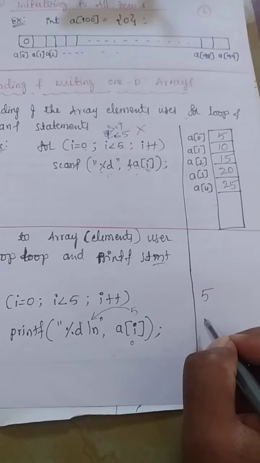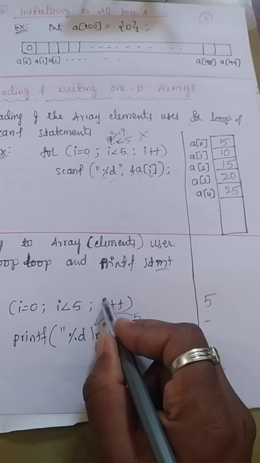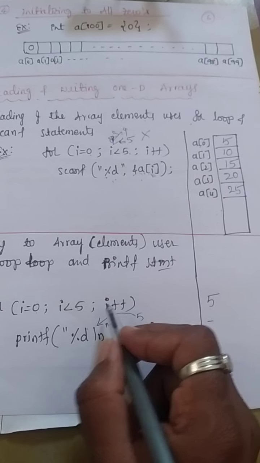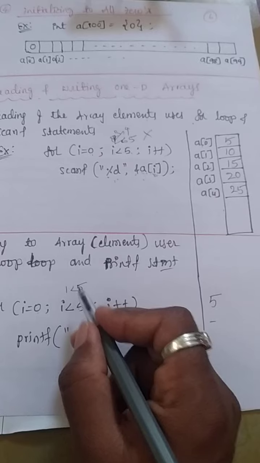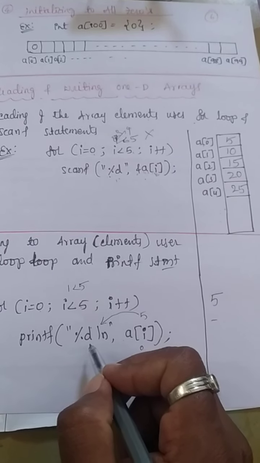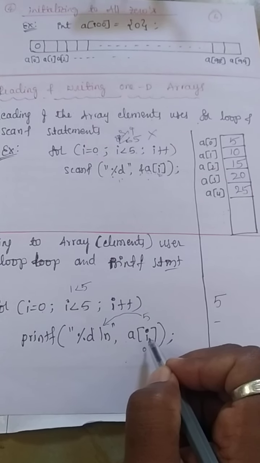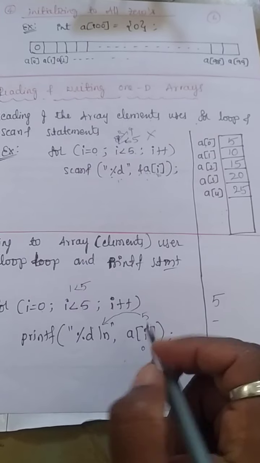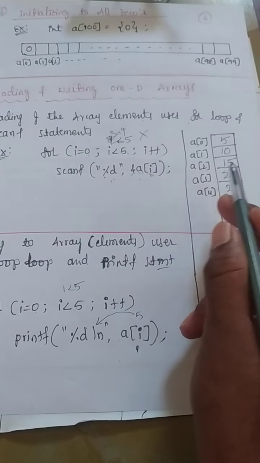After that, the new line is there, so control automatically jumps to the next line. Okay? i becomes incremented. So i plus plus. Earlier it was 0, now it is 1. Whether 1 less than 5, yes, condition true. Again execute the printf statement. So this printf statement prints the a[i] value. How much is i now? 1. a[1] now. a[1] contains 10.